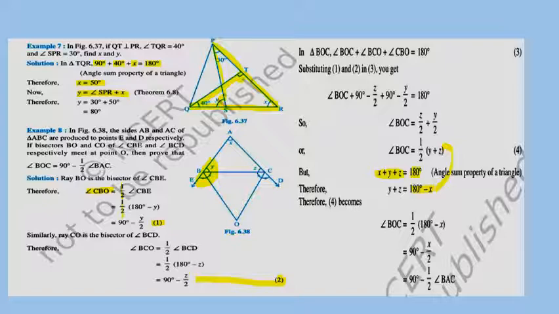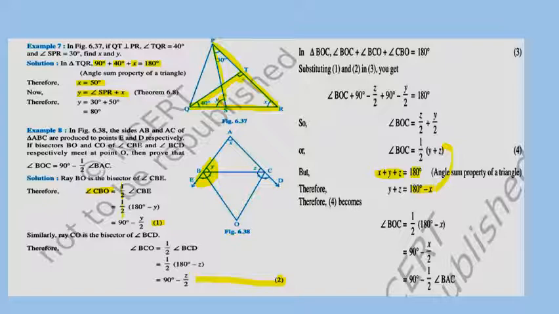So half of angle CBE is what? CBE is nothing but 180 minus y. Why 180 minus y? Because this again is a linear pair of angles. The sum is what? 180 degree. So it forms a linear pair of angles. Linear pair of angles means from 180 we have to subtract y, then only we will get angle CBE.